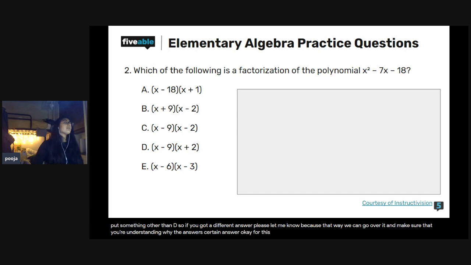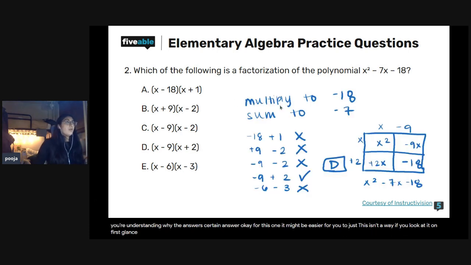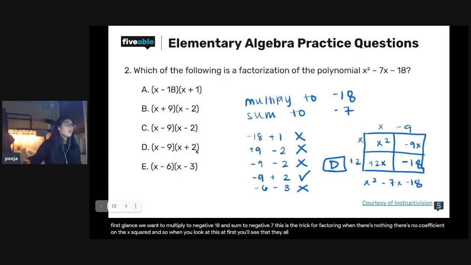Okay, for this one, it might be easier for you to just plug in the answer choices in a way. If you look at it on first glance, we want to multiply to negative 18 and sum to negative 7. This is the trick for factoring when there's no coefficient on the x squared. And so when you look at this at first, you'll see that they all multiply to some sort of 18.